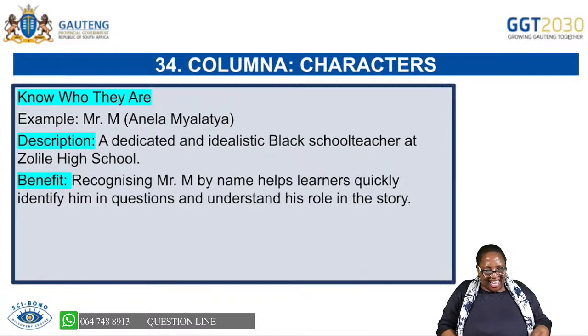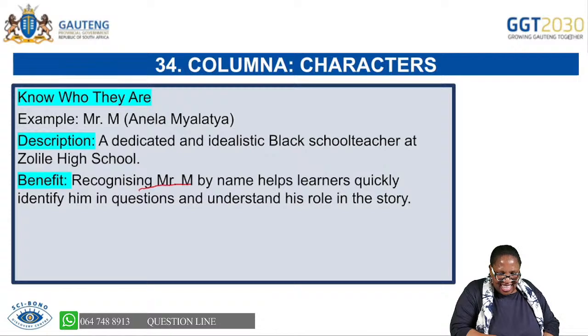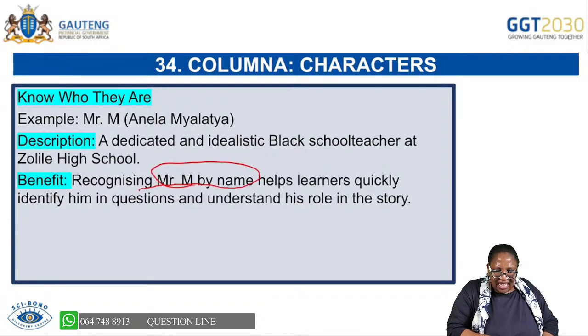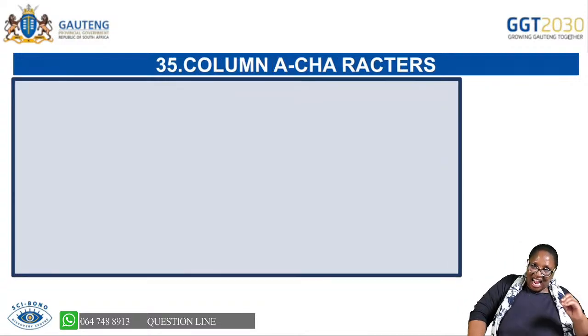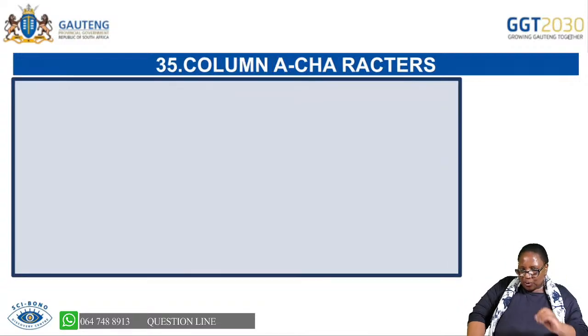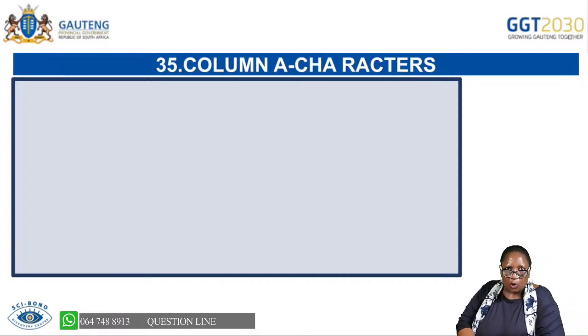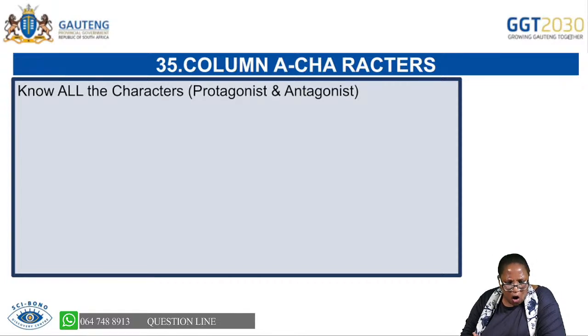When you recognize the name Mr. M, it helps you quickly to identify him in the questions and understand his role in the story. That's the reason why we need to know every single character in the book. Know all the characters, not just one, all of them.